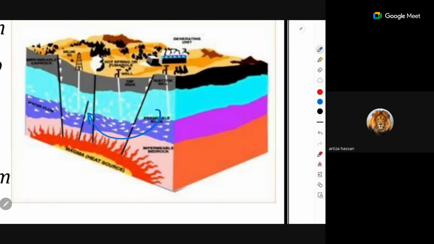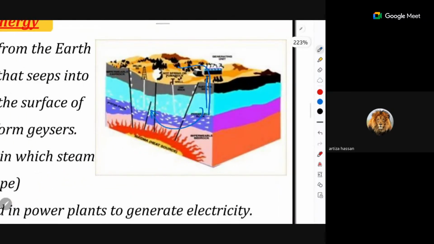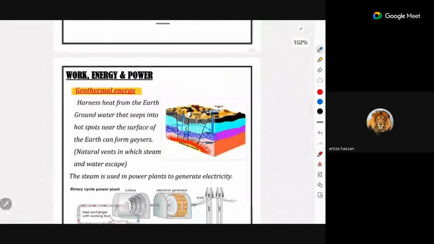So what do we do? In those areas where a volcanic eruption is nearby, or mountainous areas, we drill and inject cold water and shift it closer to the magma. From here, these are the convection currents. Hot water moves up and we take it out with the help of a boring machine or bore.